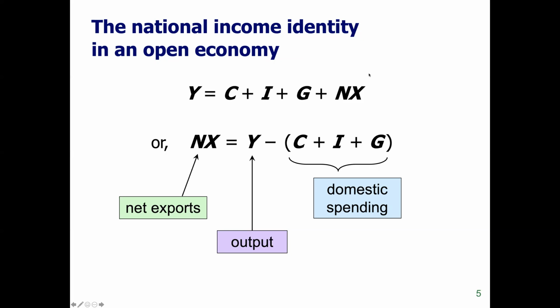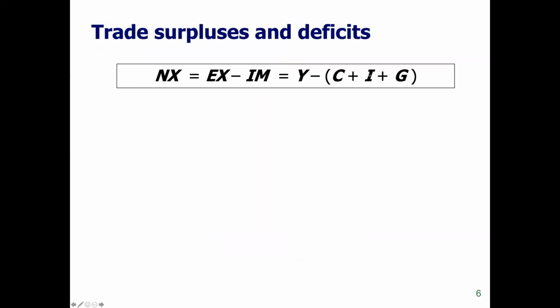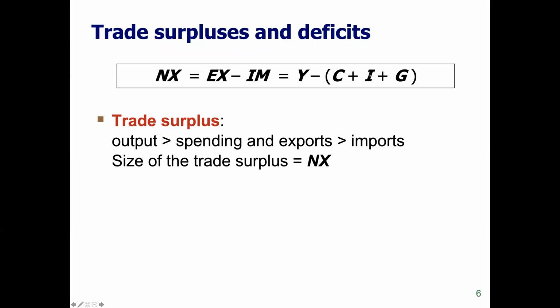So whatever is produced and is not consumed, invested, or purchased by the government is left over for net exports. That output has to go somewhere, and so we have this relationship. Net exports is exports minus imports. It's Y minus the quantity C plus I plus G.